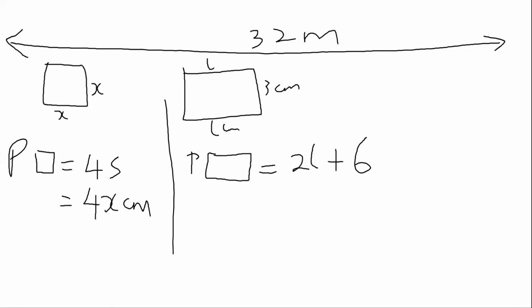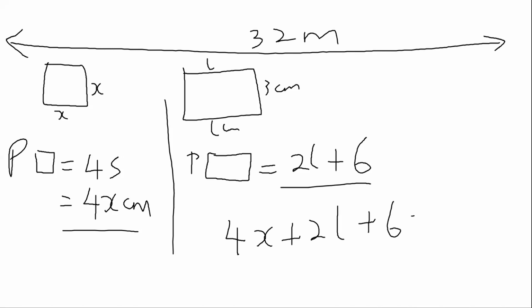You understand where I get that from, right? And they are telling us that the perimeter of the square plus the perimeter of this is supposed to give us 32. So all we have to do is say 4x plus 2L plus 6 is equal to 32.